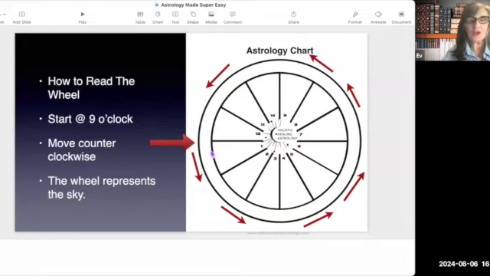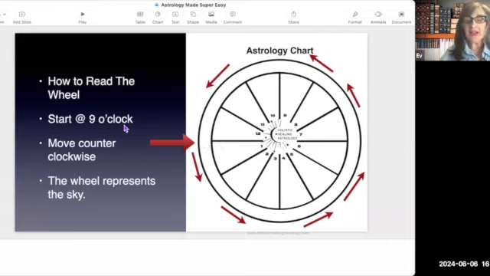So let's look at this round circle, which represents the sky at the moment of your birth or at any time. So how we read the chart would be at this big fat red arrow. I have a little purple one here too, but the start would be right here, and this would be called the ascendant.